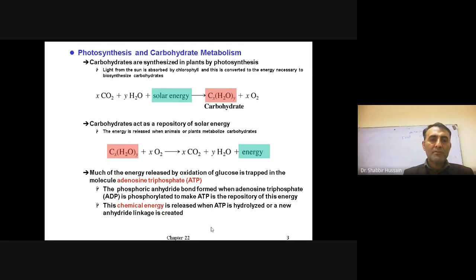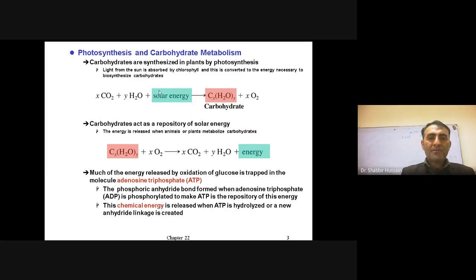We know that plants take carbon dioxide and water, right? Carbon dioxide they take from the air, while water they take from the roots through xylem and phloem.